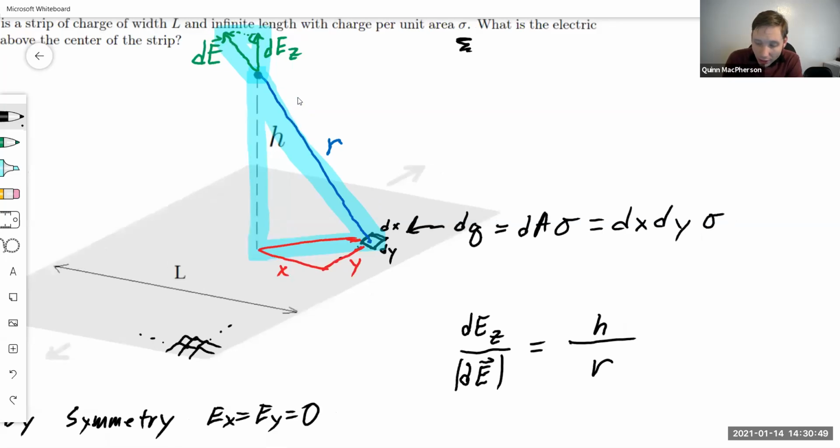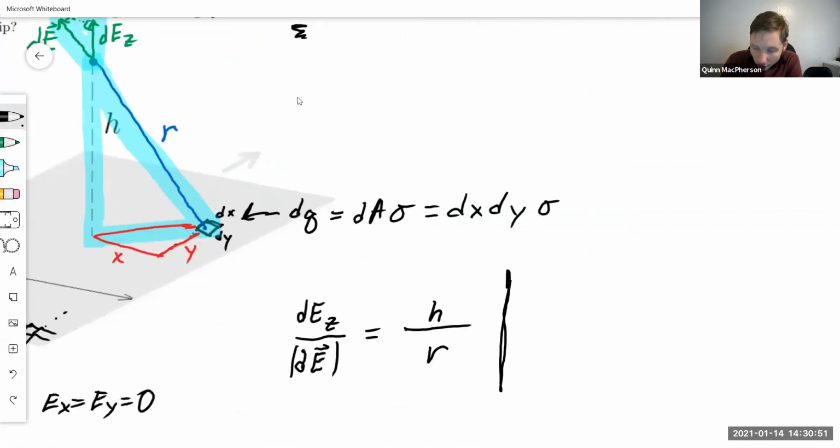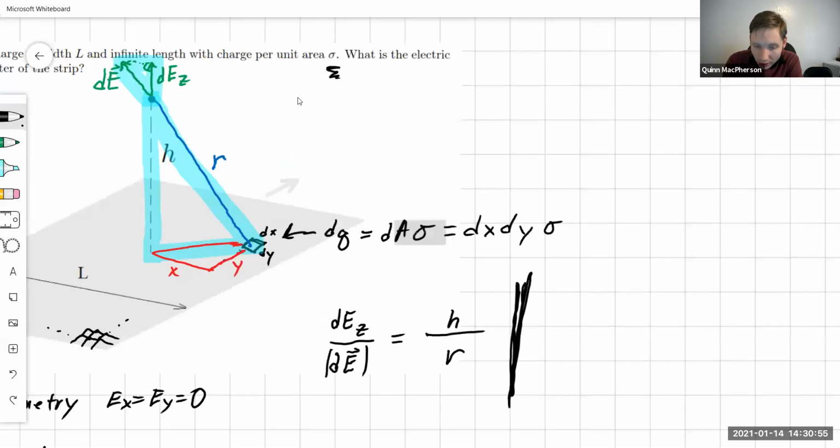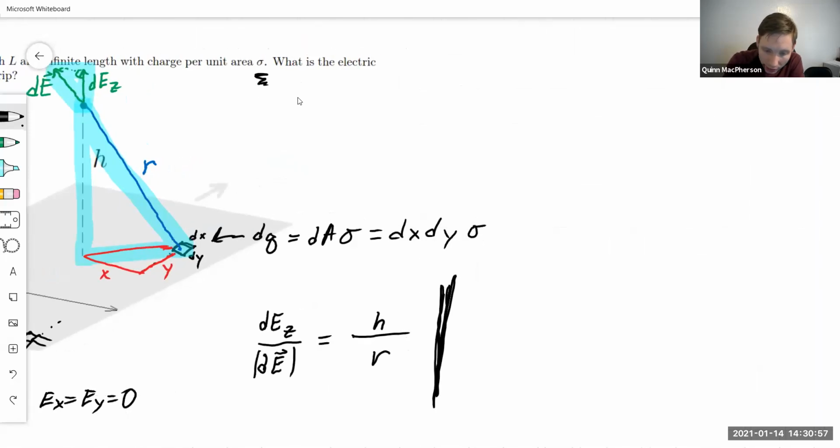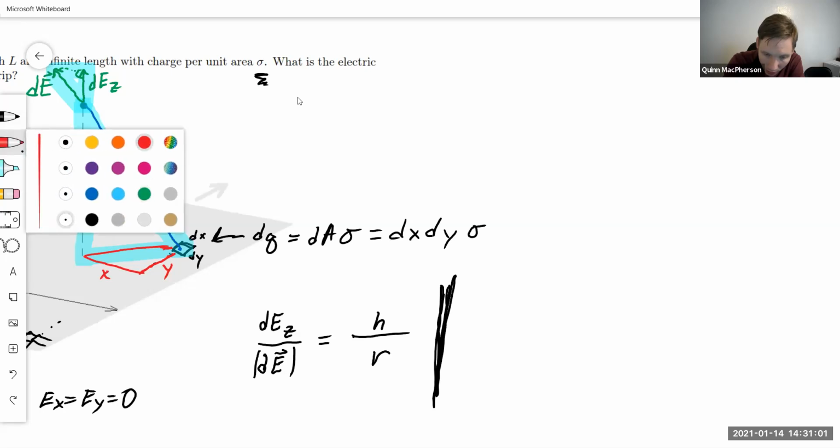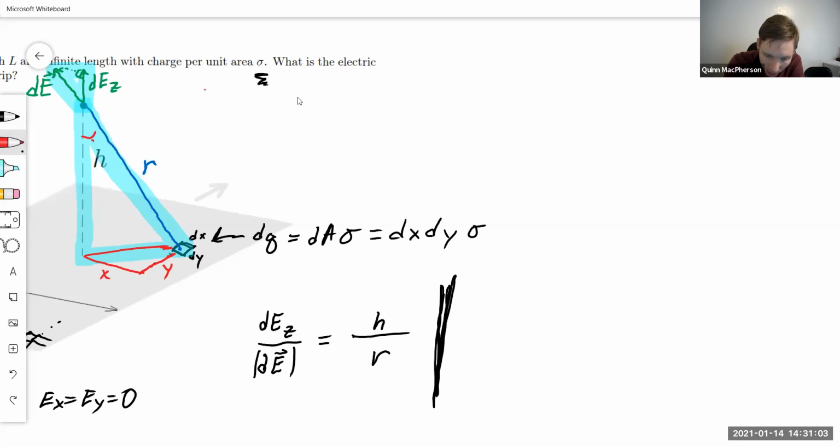If you don't like doing it via similar triangles, I'll do the alternative method over here. The alternative way is saying that there's some angle. Let's call this angle, in red, theta. We can call that angle up there theta.